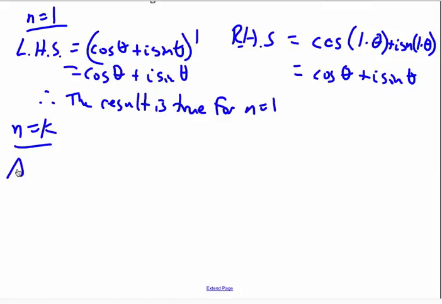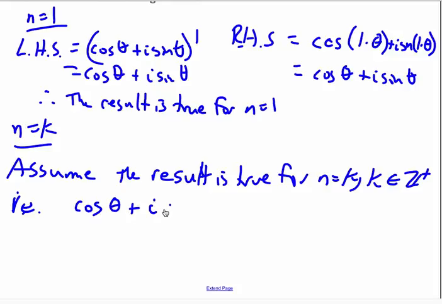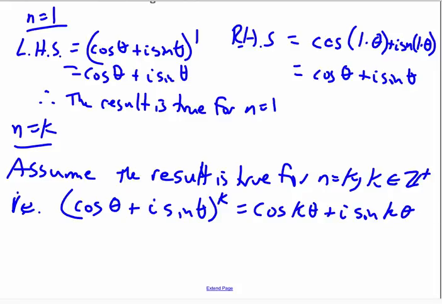Next, we'll assume the result is true for n equals k, where k is some positive integer. That is, (cos θ + i sin θ) to the power of k equals cos kθ + i sin kθ. Now n equals k plus 1.